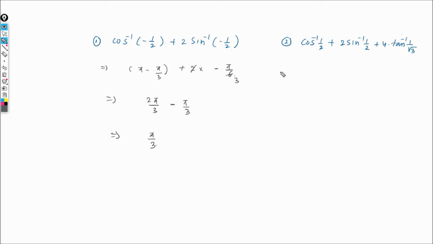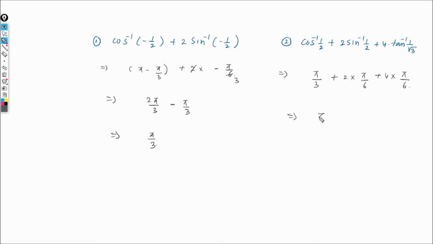So let us see this question. Cos inverse of 1 by 2 is nothing but pi by 3, plus 2 into sin inverse of 1 by 2, which means pi by 6, plus 4 into tan inverse of 1 by root 3, which is pi by 6.